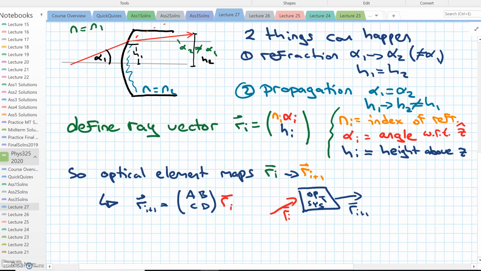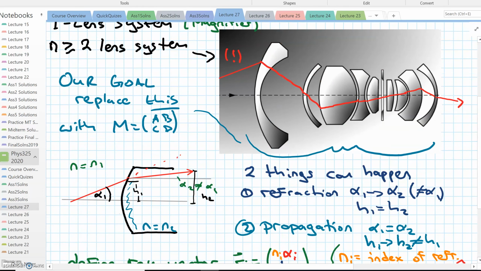And the picture will look something like this. Effectively, what we're going to find is that everything is propagation and refraction. So this complicated, crazy system here, let's try to think about, just to pay it forward a bit, what are we actually going to look for?